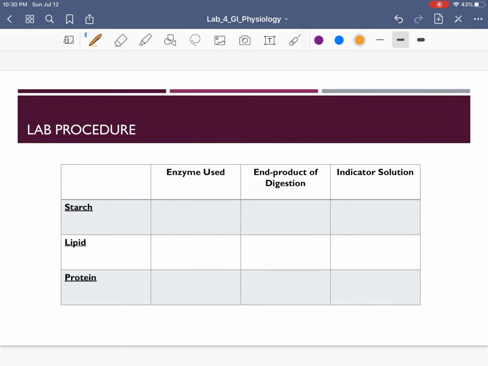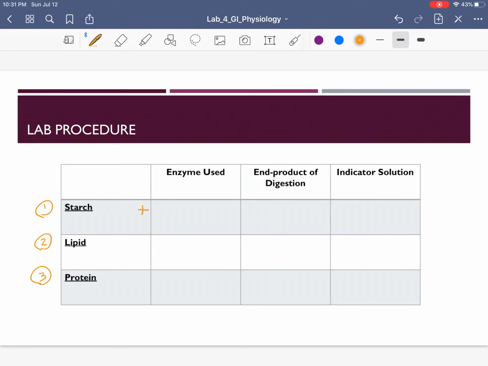So we are going to take a nutrient, be it starch, a lipid, or a protein. Let's start with starch, because that's what we're going to do in our experiment. To that starch, we're going to add an enzyme.